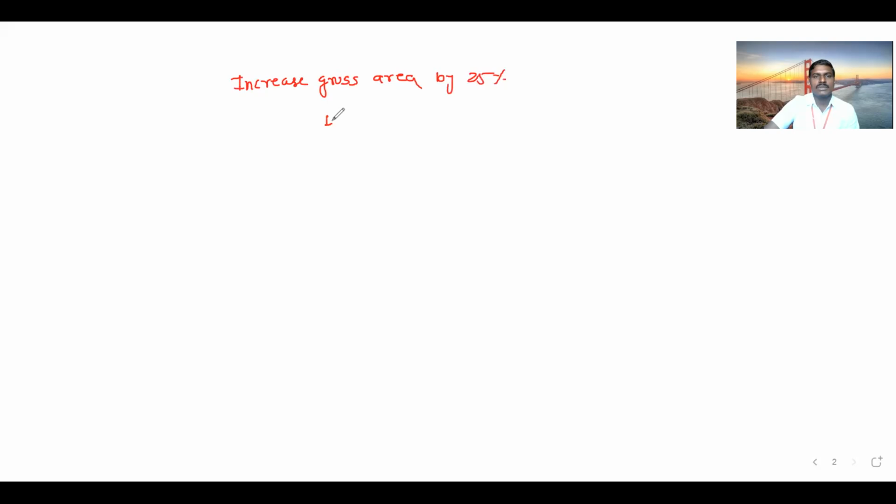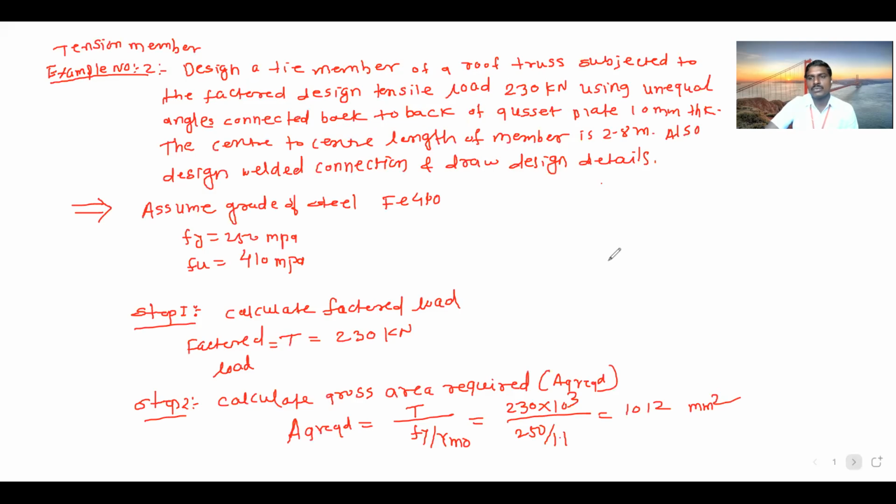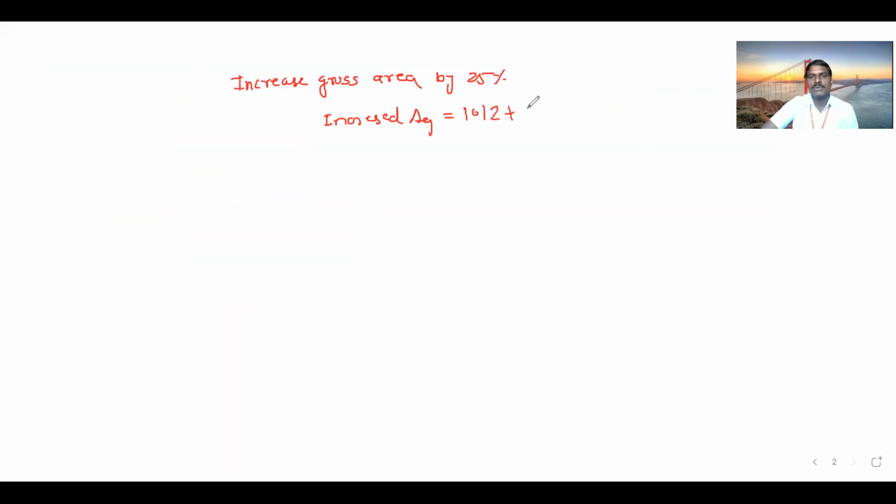So increased AG is equal to 1012 plus 25% of 1012. So how much does this come to? 1265 mm square.